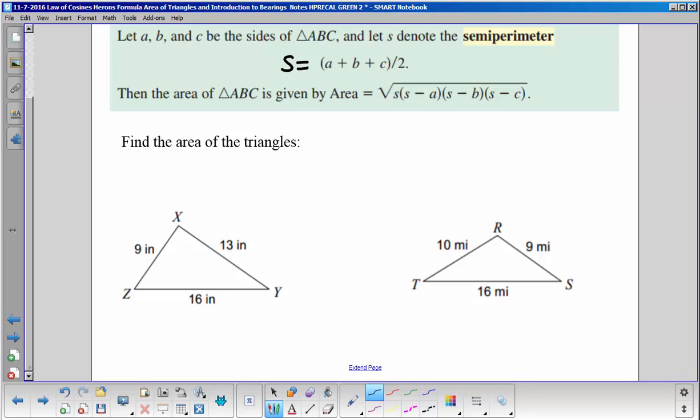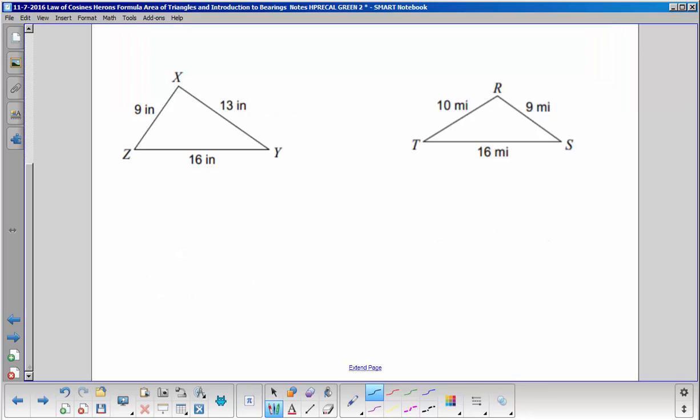All right, so let's see what happens here. Let's find the area of these triangles that I have here. The first thing we have to do is find the semiperimeter, which is S, which would be (9 plus 13 plus 16) all over 2, which is equal to 19.